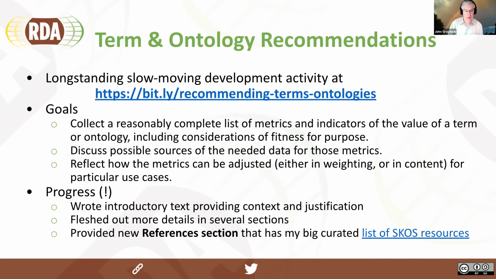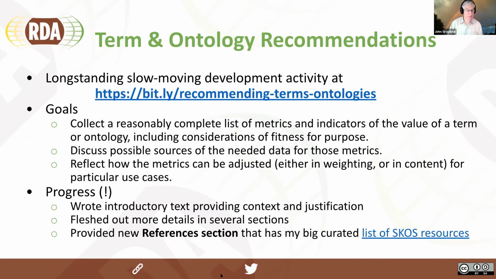So the activity is entirely contained in one document. The link to that document is there, bit.ly/recommending-terms-ontologies. And the goals are to create a reasonably complete set of metrics and indicators of how good a term could be, and figure out how you might include considerations of fitness for a purpose, making it a term that's actually useful for the specific use case at hand.